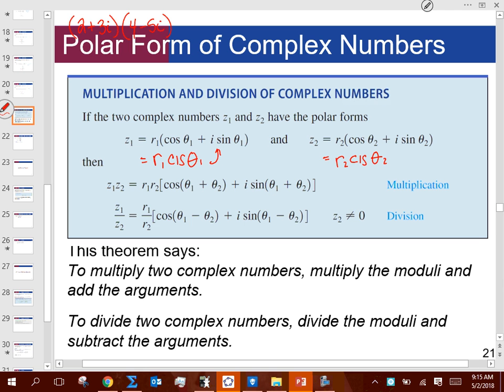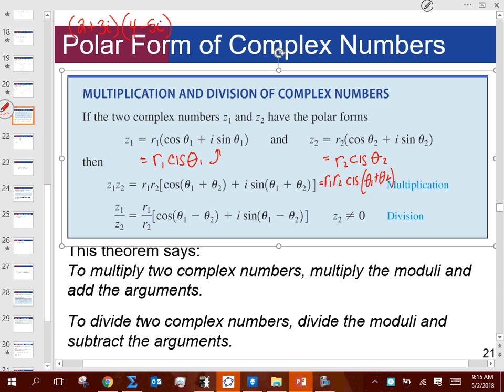But look at the arguments, you're adding the arguments together, right? Using the cis format, it would look like r1 r2 cis theta 1 plus theta 2. Okay. Again, that's kind of the preferred technique that I'm going to use, especially if all they want is the product to be left in polar form, then that's really easy and I'm done.